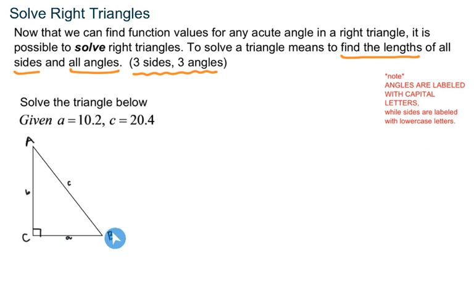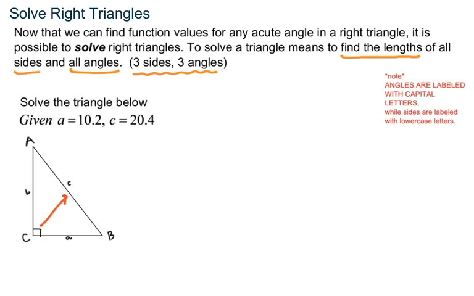When we draw right triangles, we use capital letters to represent the angles. So notice I have capital A, capital B, capital C for those angles. And then the sides are labeled with lowercase letters, lowercase a, b, and c. One other piece to notice is that corresponding sides and angles are opposite each other.